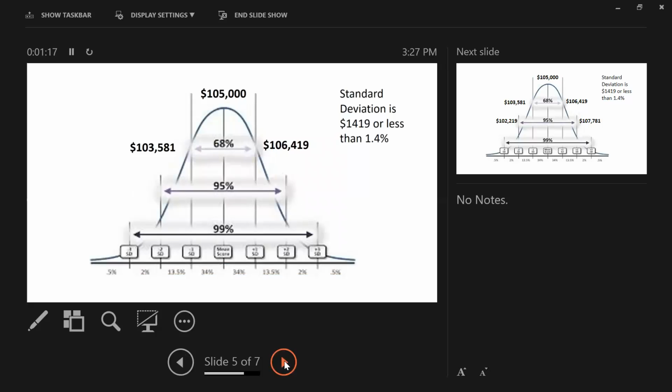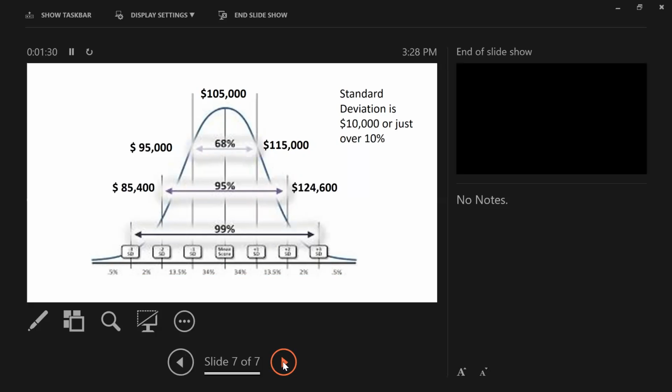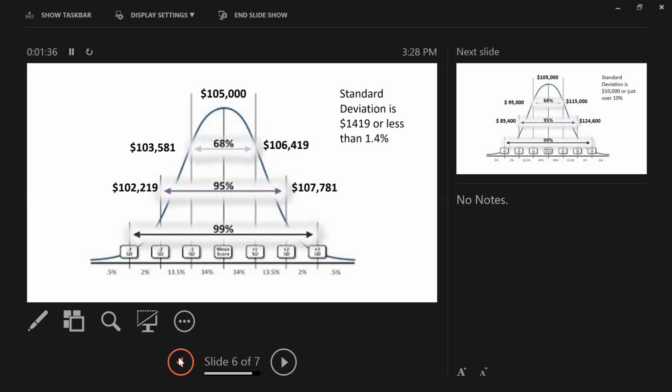We know that with 68% confidence that the value in fact lies between 103,581 and 106,419. And we can continue that and see that it expands as we go to a higher confidence level.